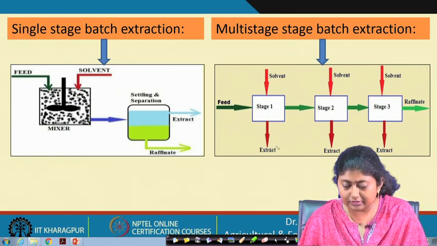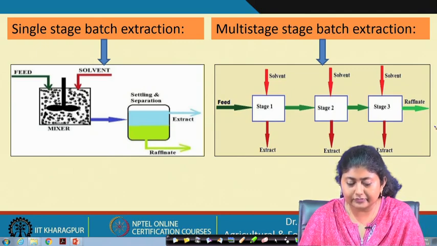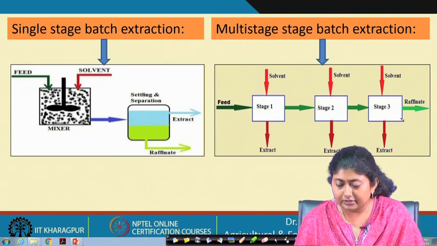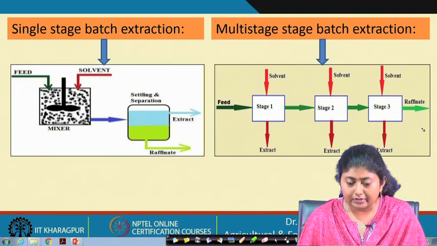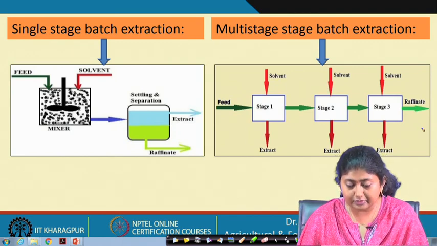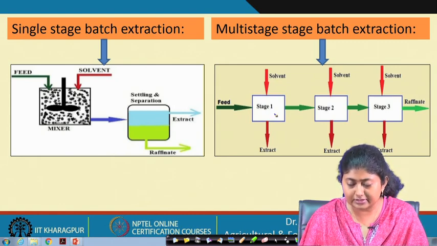Eventually, when all the solute component has been extracted, the feed is converted to the raffinate. We call it multi-stage batch because the solvent is not recirculated; it is entered freshly at each chamber.